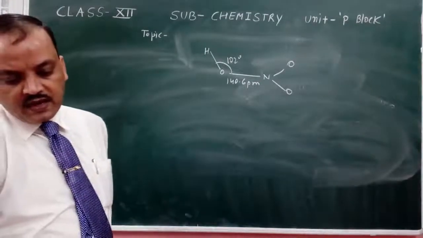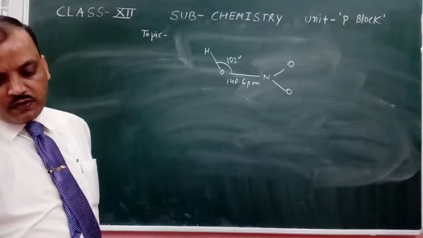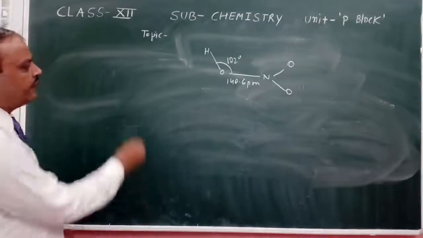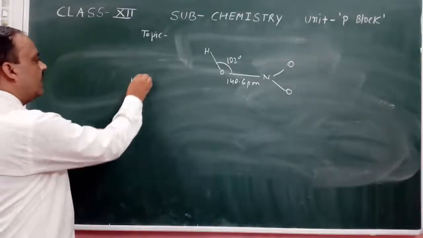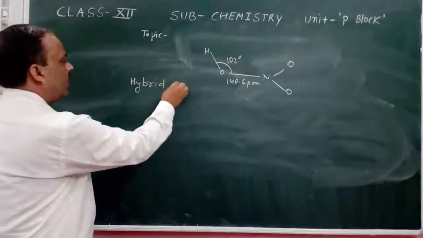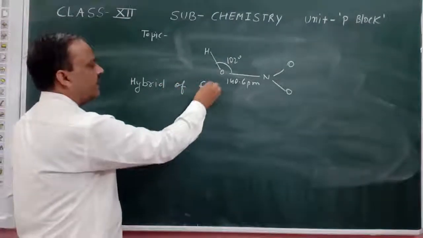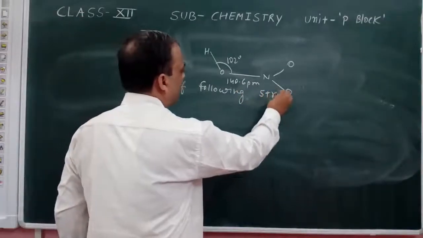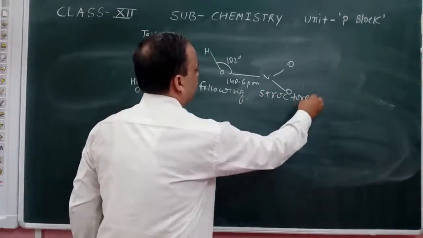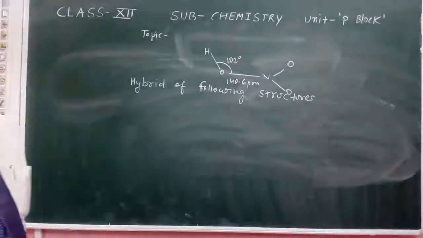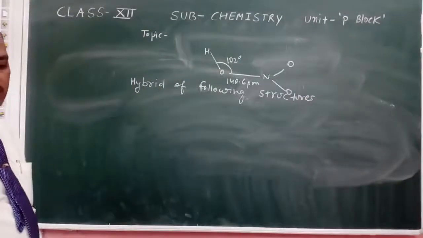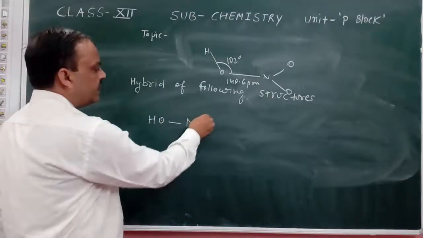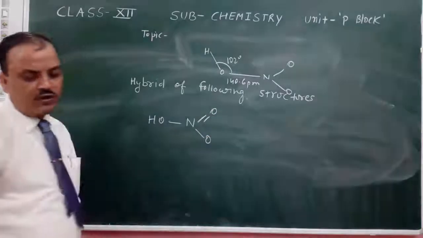Nitric acid is a hybrid of the following two structures. In the first, we have HO, nitrogen, double bond oxygen, and single bond oxygen.